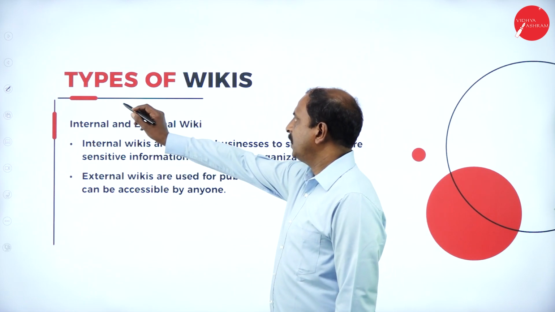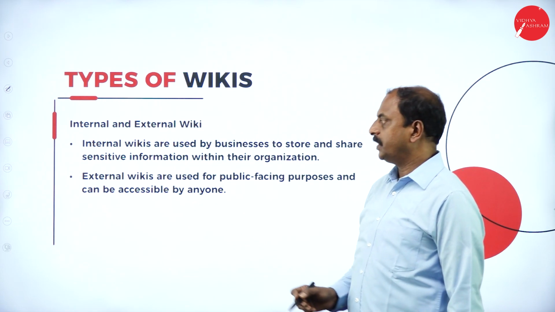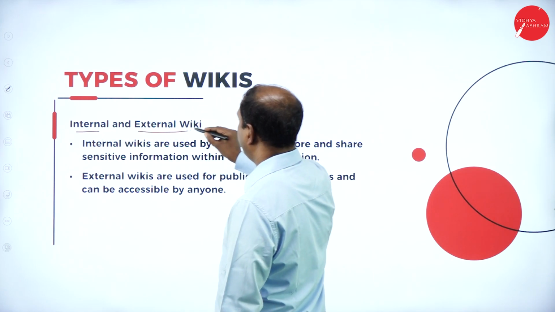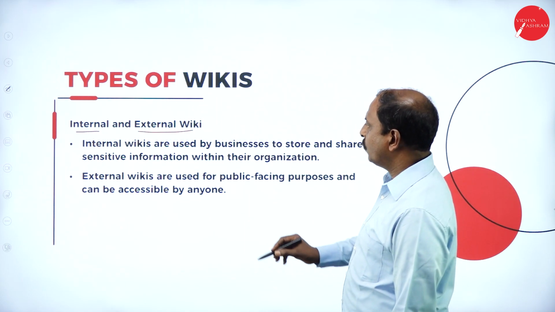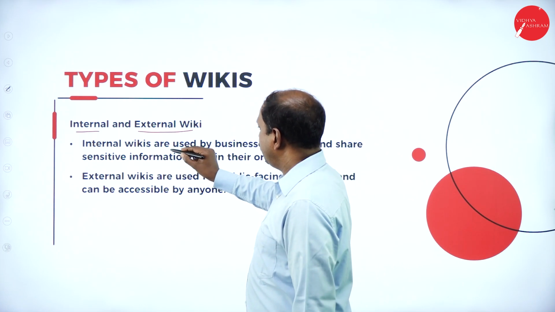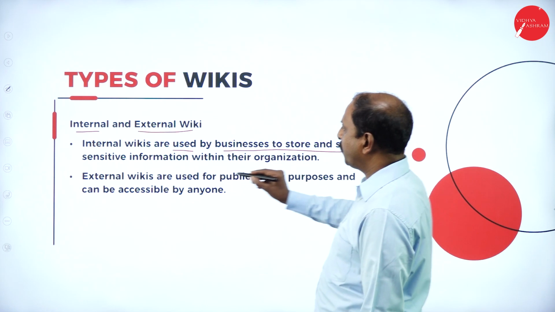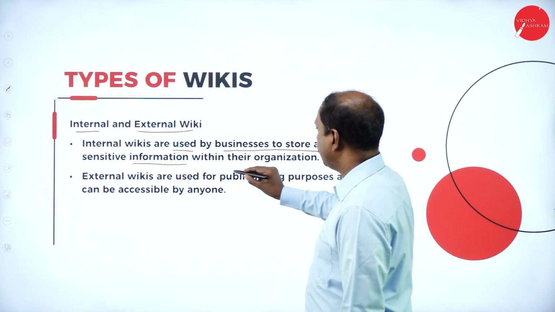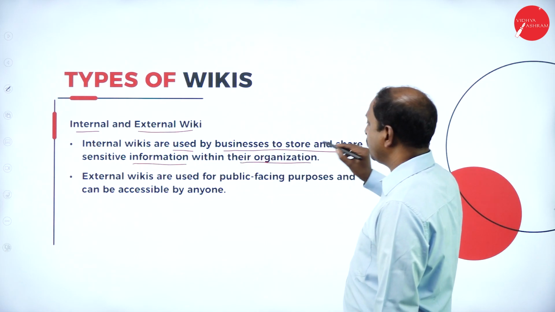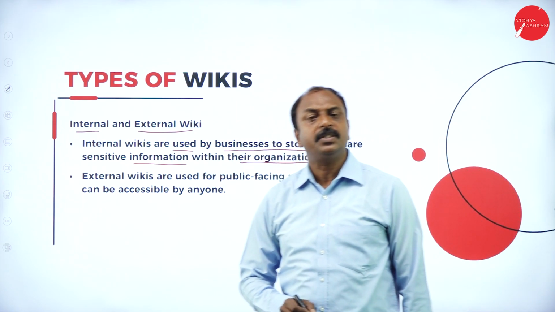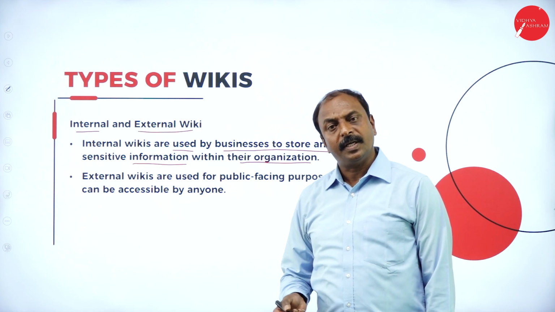Now let us see the types of wikis. Generally there are two types of wikis: internal and external wikis. So what are internal wikis? Internal wikis are used by businesses to store and share sensitive information within their organization. So within one organization, information will be shared with different employees.